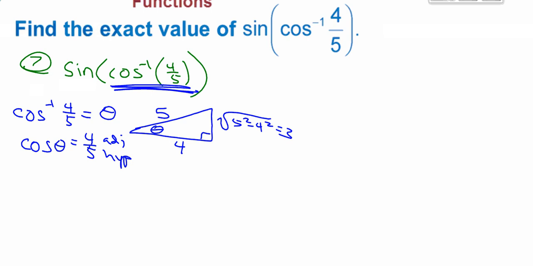I have to find the sine, right? So do I even care what theta is? No, I'm going to bypass that, and now I'm going to find the sine of all of this, which is my theta, remember? I'm going to find the sine of theta, and sine is opposite over hypotenuse, which is 3 over 5.